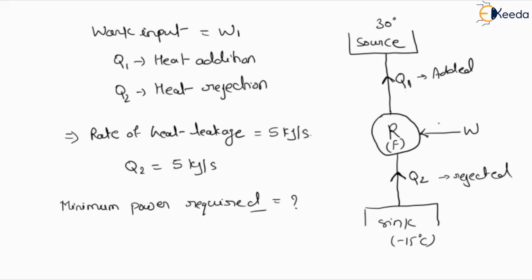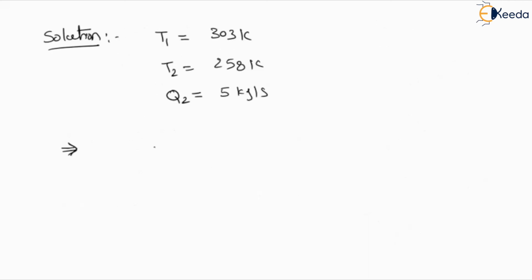In that condition, the refrigerator cycle removes heat from the freezer at the same rate at which heat leaks into it. So to define the power requirement, we can apply the temperature scale. As per the temperature scale, Q2 by T2 equals Q1 by T1. We can put all these values here.